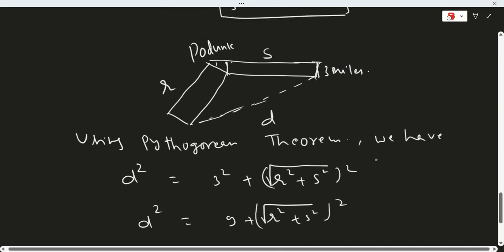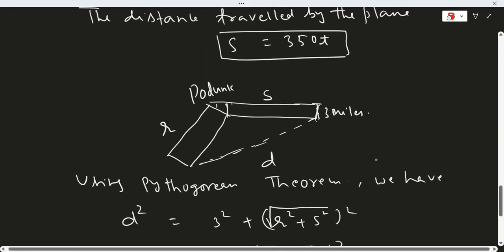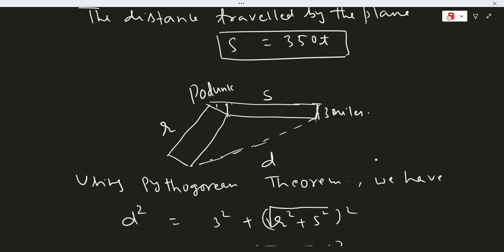We are going to discuss once again how we have done this. Since the plane is 3 miles above the ground, we have to use the Pythagorean theorem to find this distance d between the car and plane. On the 2D plane, the distance will be the square root of r squared plus s squared, and since the plane is 3 miles above the ground, we have to consider that also.